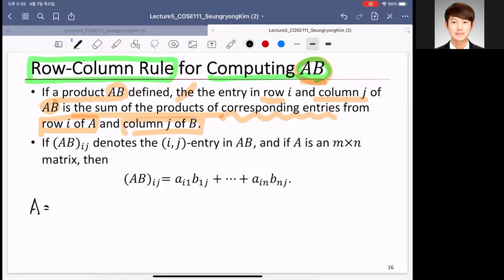So matrix A looks like this, and matrix B is here. Let's suppose that we have a matrix AB.